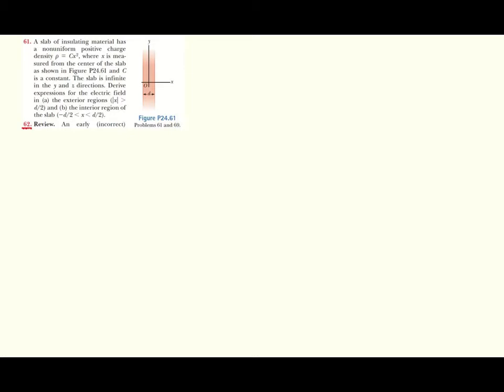Okay, so we're looking at part B where we're looking at the interior region. So it's this region that we're talking about here. In order to do that, we're going to have to have a Gaussian that looks like that. From the side it's going to look like a little square, but it's going to run the left edge.